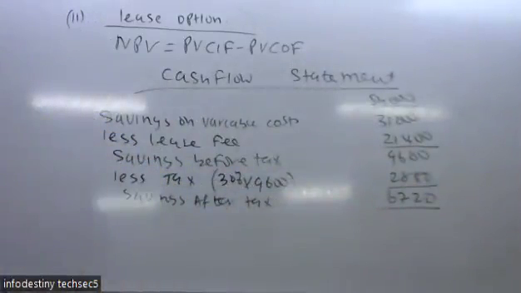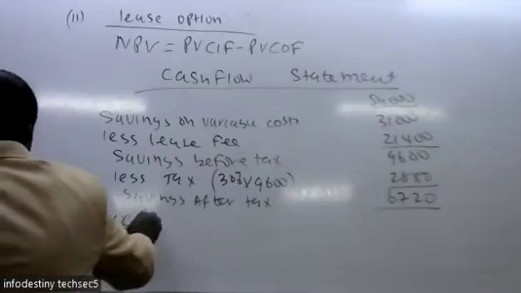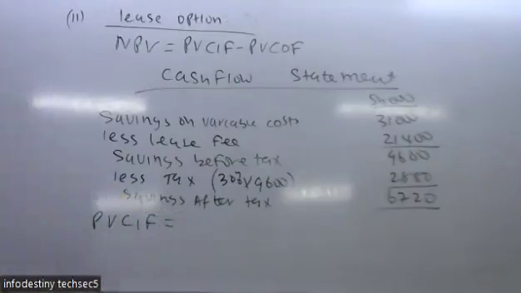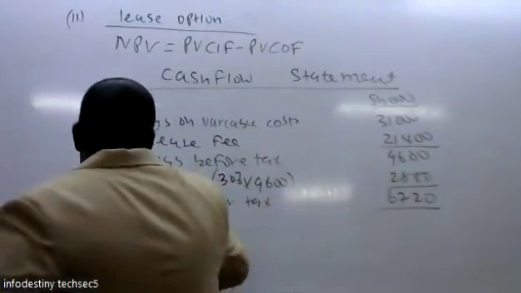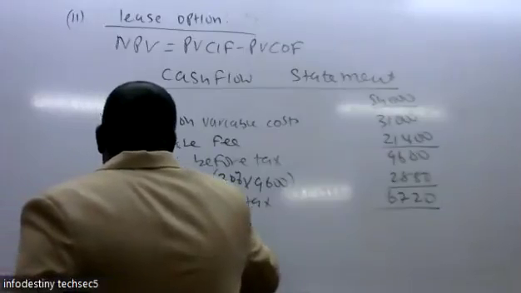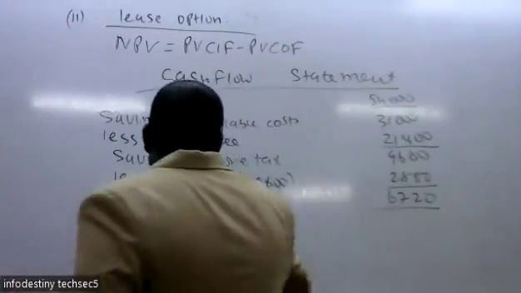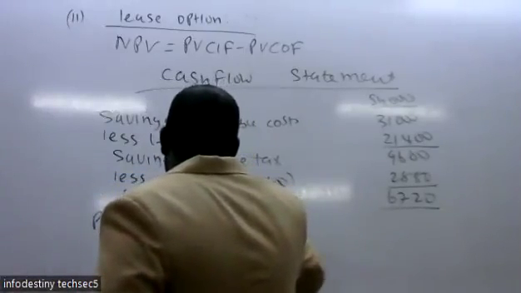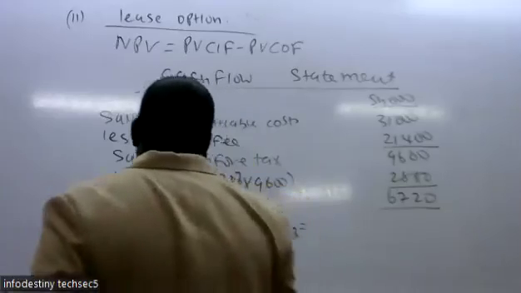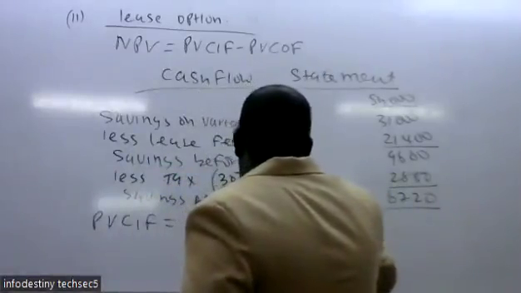So now we get the present value of the cash inflows, whereby it will be the annuity multiplied by the present value interest factor for the annuity, 17.75% for 8 years. That annuity is the 6,720.